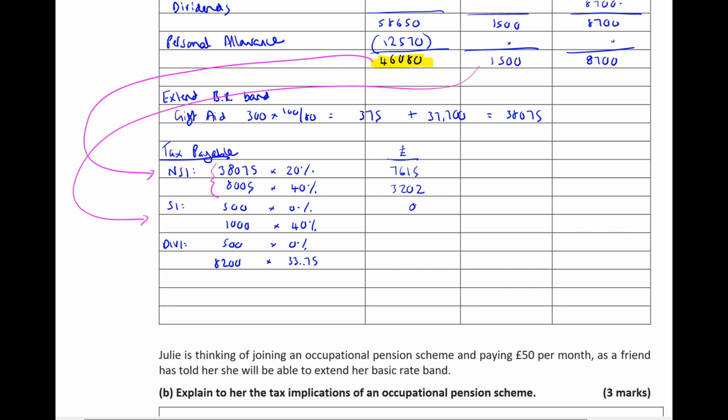And just to make it easier, I'm just going to put all this in one column. You could actually put the answer for each bit in its own column and then add it together at the end. That would be fine too. Use normal maths rounding rules.